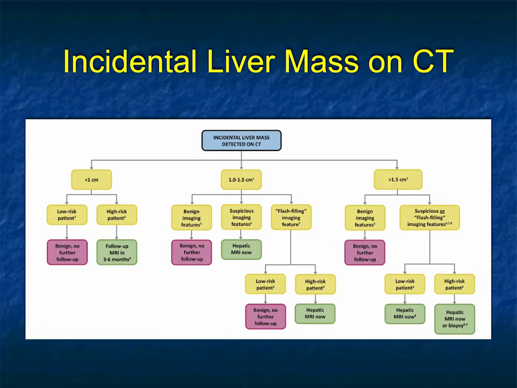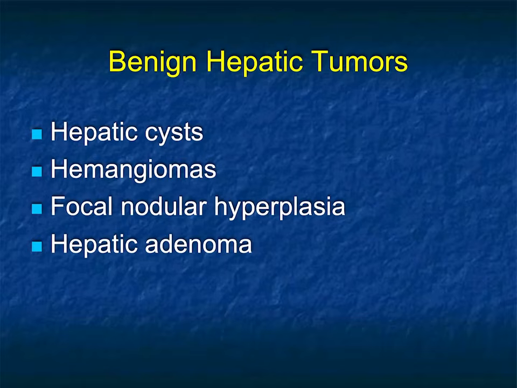This white paper looked carefully at the incidental liver lesions, dividing them up into categories under 1 cm, 1 to 1.5 cm, or over 1.5 cm. And again, typically under 1 cm it would ignore, over 1.5 it would be more aggressive. And it became important looking at this to try to figure out how good we were in determining what tumors were really present and what was their etiology.